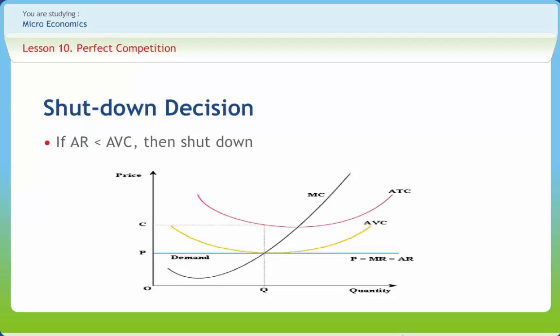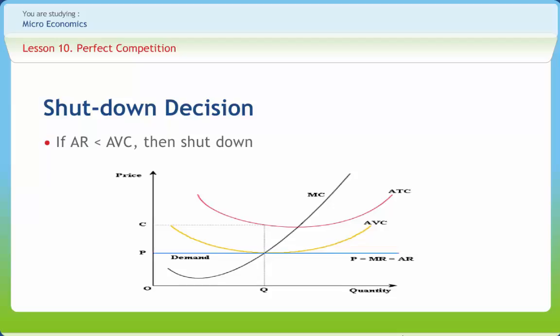Average revenue just equals average variable costs, which means that this firm can just cover daily expenses, zero accounting profit. Any point below this and the firm will be operating at a loss and should shut down. For instance, at the given price P4, AR is less than AVC. The firm cannot even cover its variable costs of production.